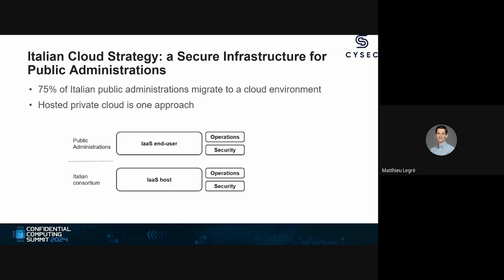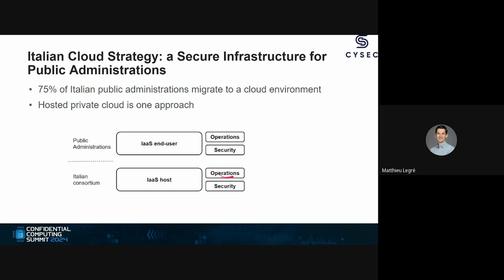So this Italian consortium is the host of this infrastructure as a service. Of course, the public administrations will run their own operations at the VM level, at the operation level, at the data level, and they will operate all the security mechanisms that can apply at the application level and at the VM level. And the Italian consortium, the host, will also operate this private cloud as any cloud service provider.